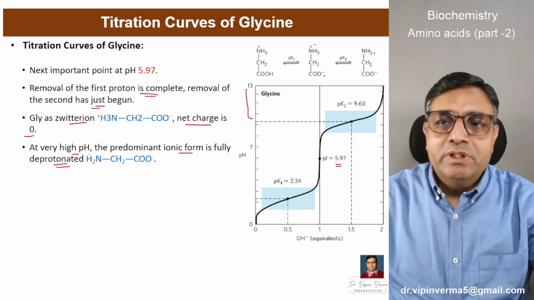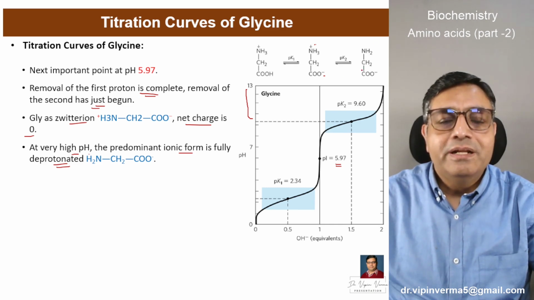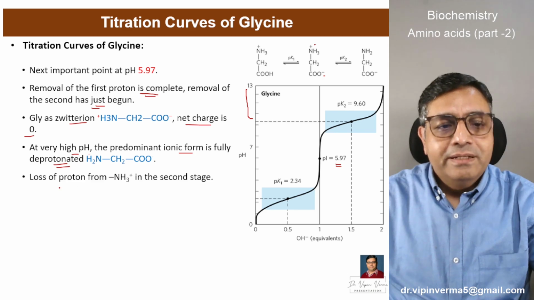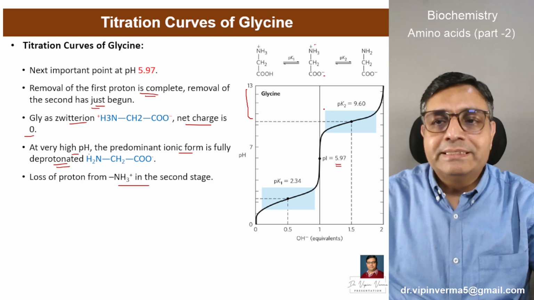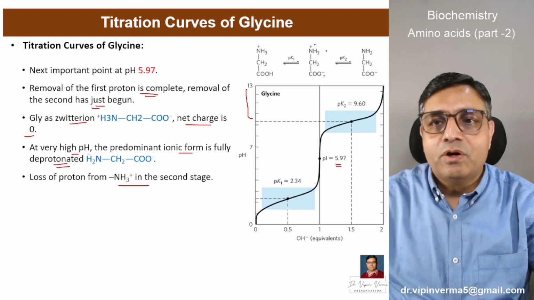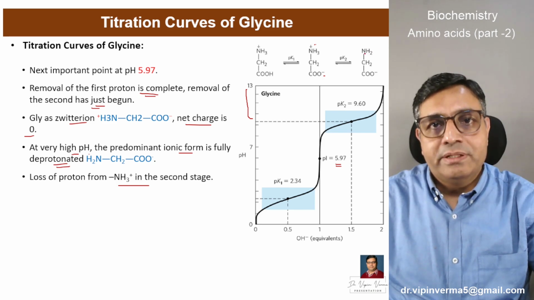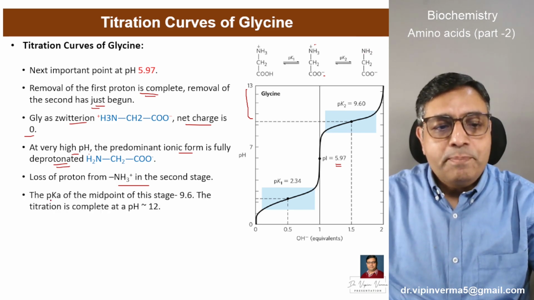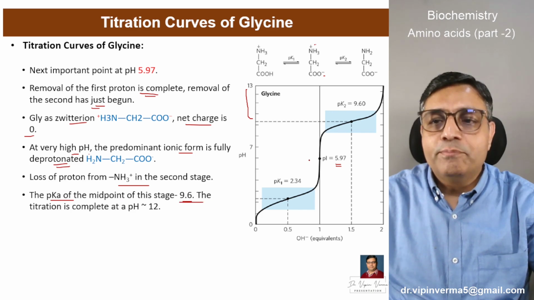So now both protons are lost, so we call it the deprotonated form. There was a loss of a proton from the NH3 in the second stage. So we see how this NH3 has lost its proton and has become the NH2 group. Now the pKa of the midpoint of this stage was determined to be 9.6.